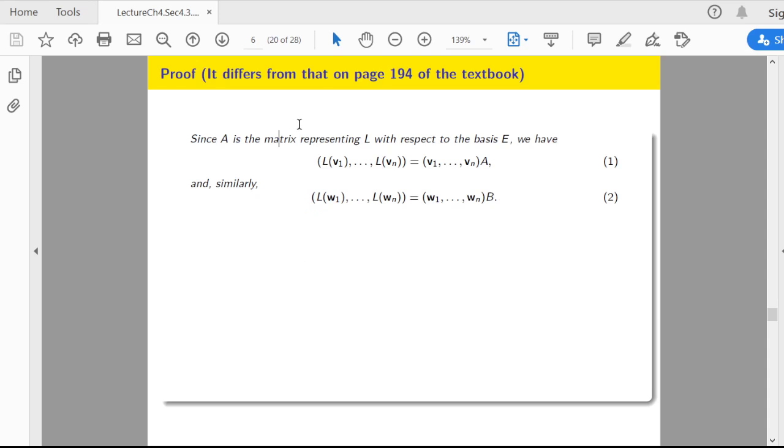Here we give a proof. This proof is different from the proof in the textbook.